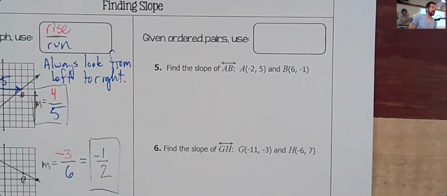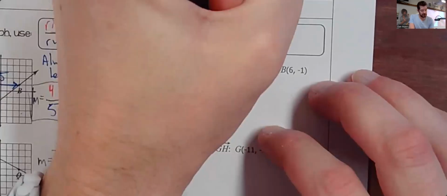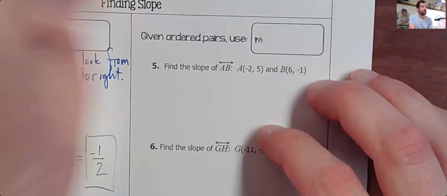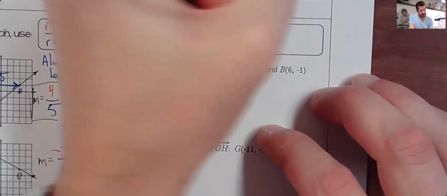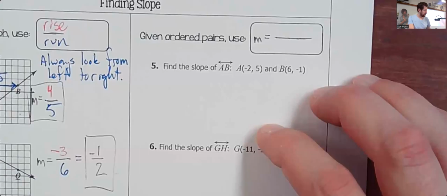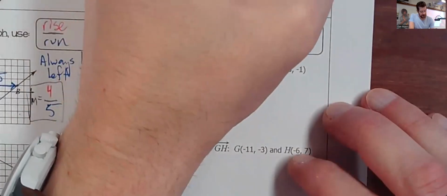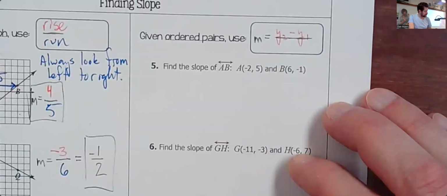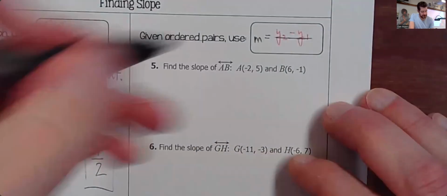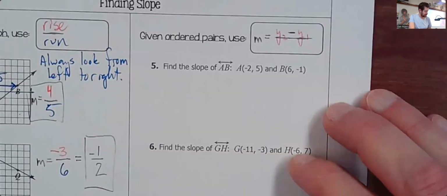There is a slope formula. And the slope formula says, if you have 2 points on a graph and you know the coordinates of them, the slope M is going to equal, here's the formula, y2 minus y1 over x2 minus x1.